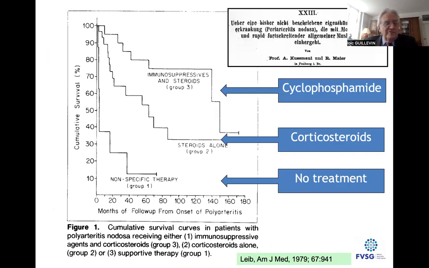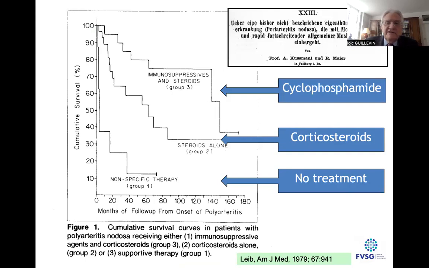It is not a very old series of patients. It is a retrospective study published in 1979. And you can see that at that time, some patients did not receive any treatment and the mortality was very high. This paper focuses on PAN, but in fact, PAN was not well defined at that time.